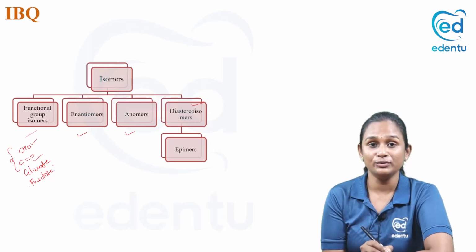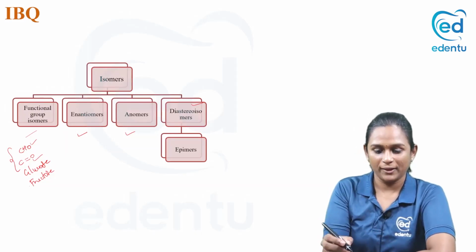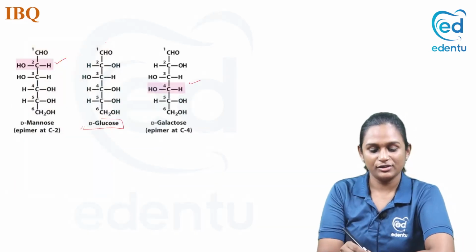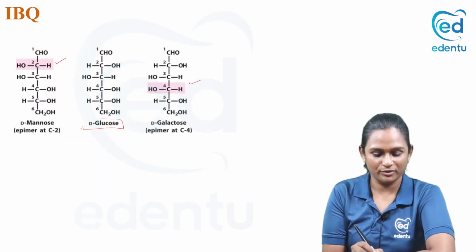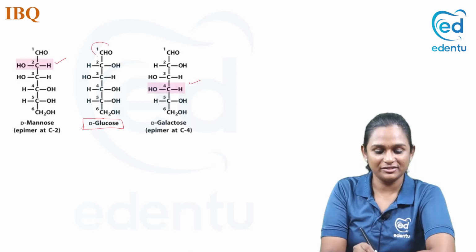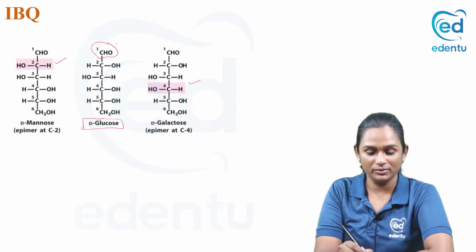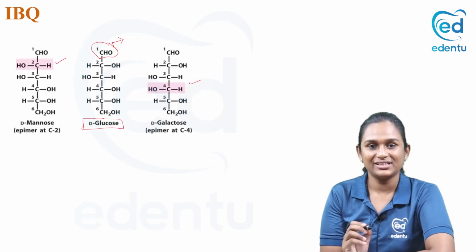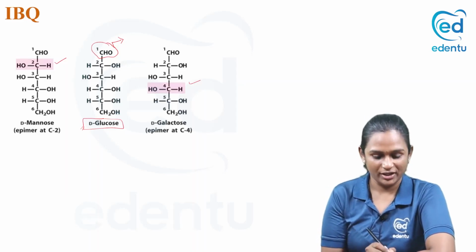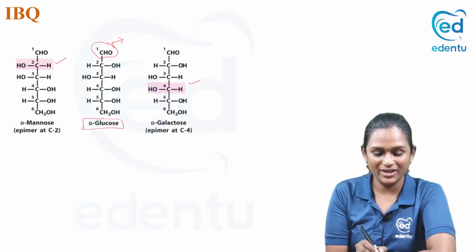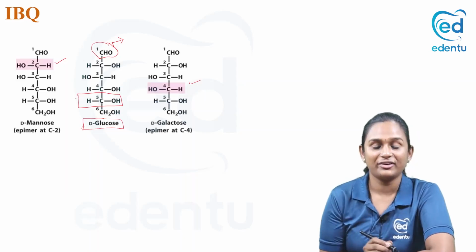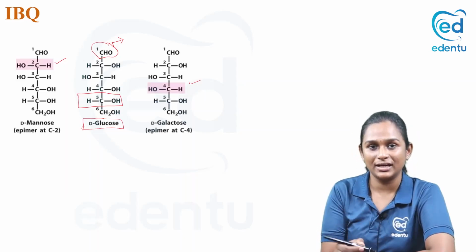This is related to functional group. If you see the structure of glucose, this is a 6 carbon compound. If there is a difference with respect to functional group, that kind of isomerism is called functional group isomerism. The next one is D and L isomerism. That is related to the C5 carbon atom, which is nothing but the penultimate carbon atom.